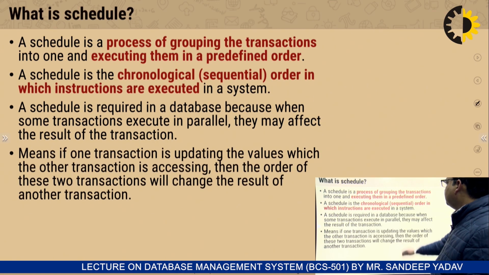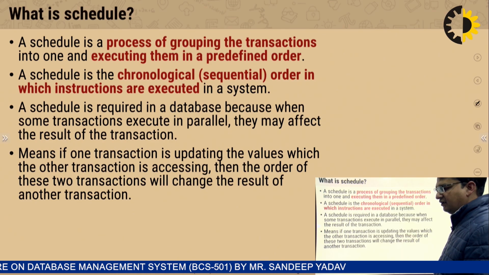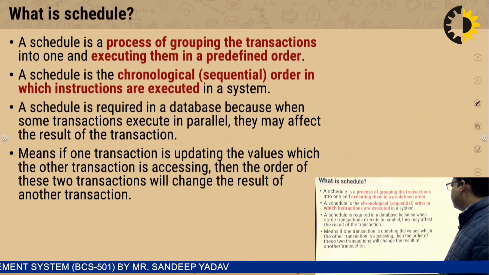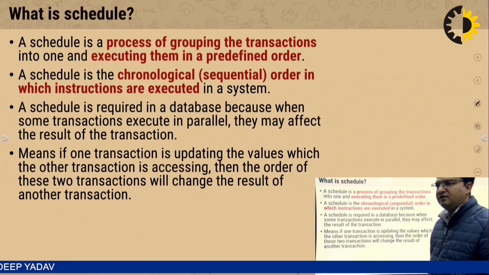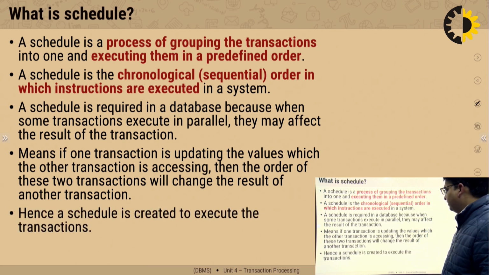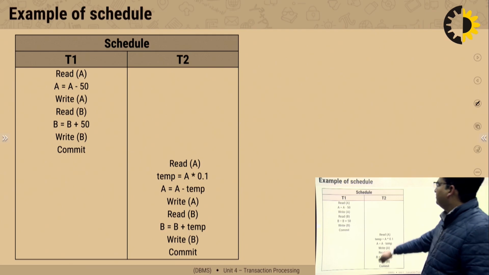A schedule is required in the database because whenever transactions execute in parallel, they affect the result of each other. If one transaction updates the value which the other transaction is accessing, then the order of these two transactions will change the result of each other. Hence, a schedule is created to execute the transactions.